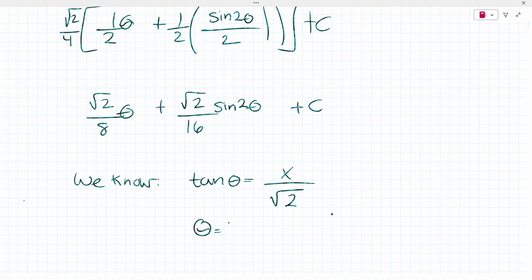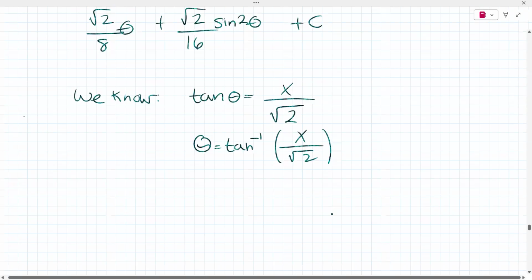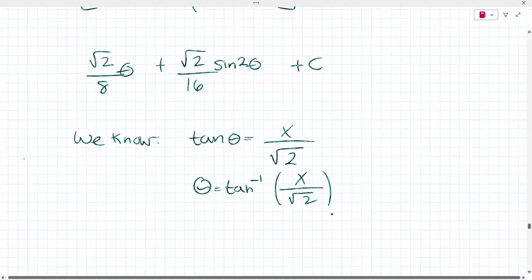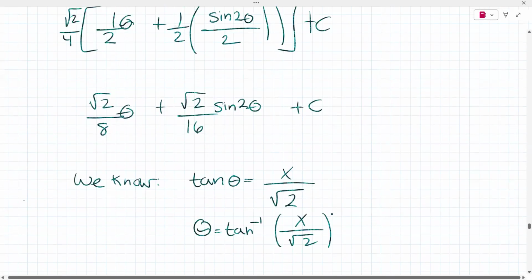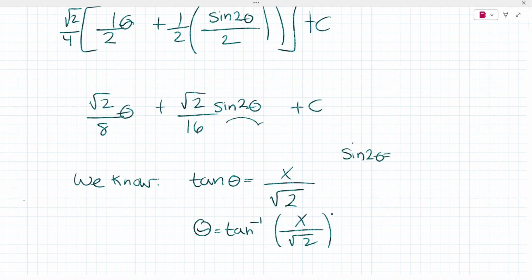So theta is going to be tan inverse of x over radical 2. And we also know that sine 2 theta is the same thing as 2 sine theta times cosine theta.